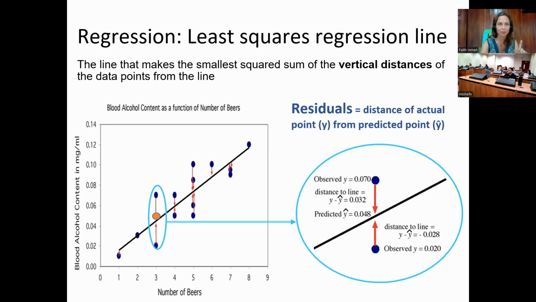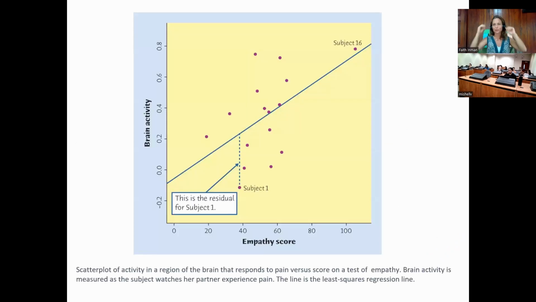Okay, a little bit more about residuals, because residuals were a concept that I found hard, so I'm going to make sure you have a little extra time to understand them. So here's another graph that shows empathy score on the x-axis and brain activity on the y-axis. Here is subject one. The distance or the difference between the actual brain activity for subject one and the predicted brain activity for subject one is the residual for subject one.